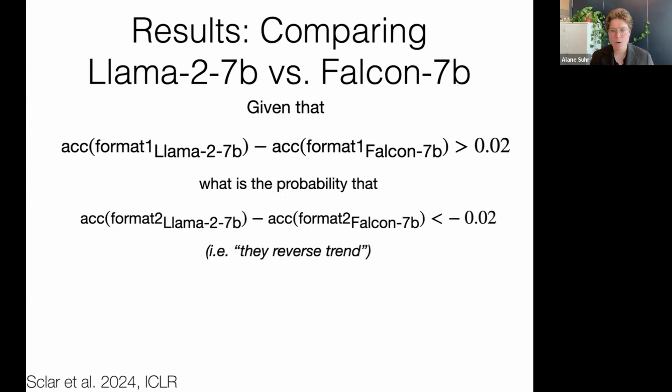We want to see what's the probability that there exists a second format where we actually see the opposite result, i.e. they reverse the trend, where the second format is semantically equivalent to the first one. We see this is actually true for 14% of these other semantically equivalent prompts.